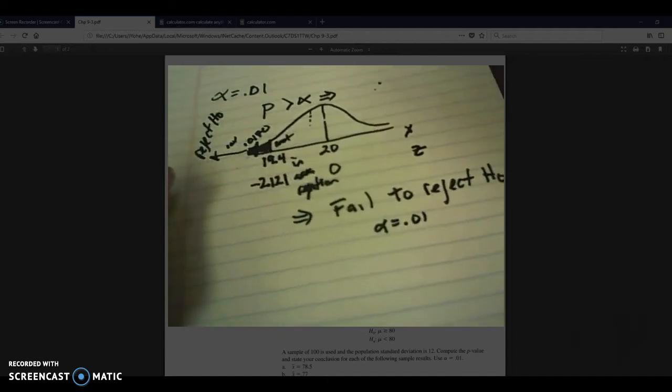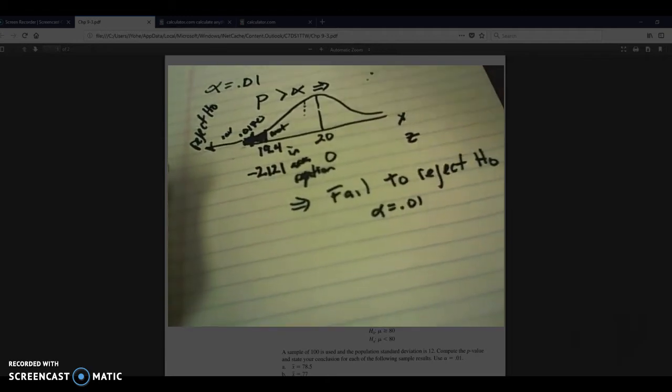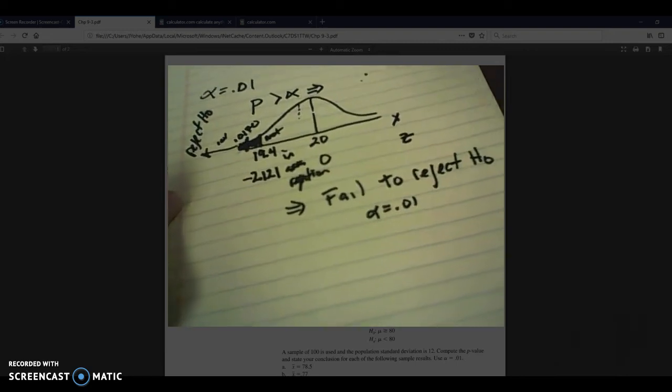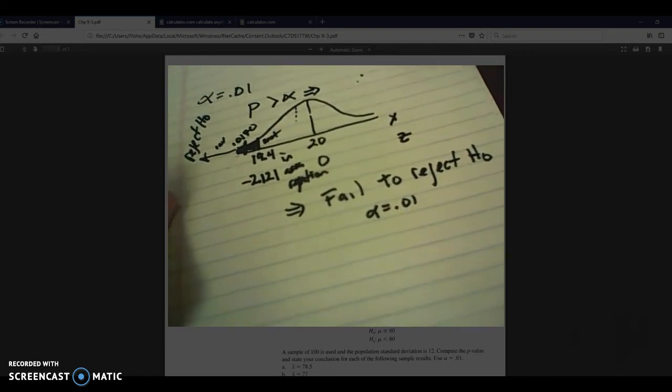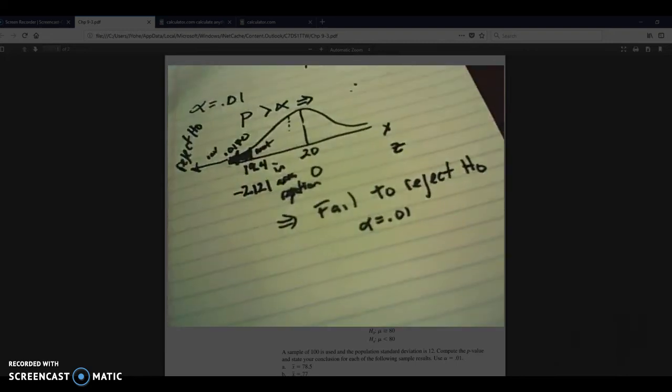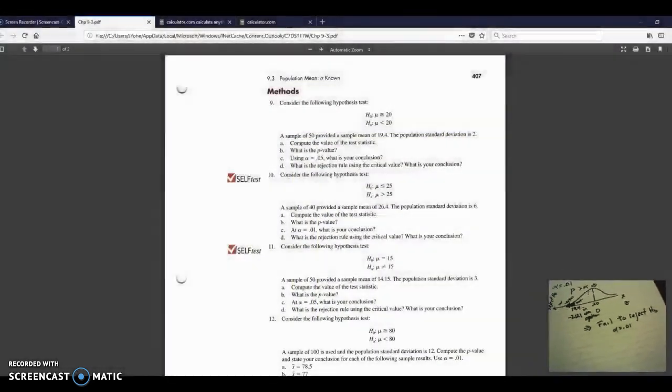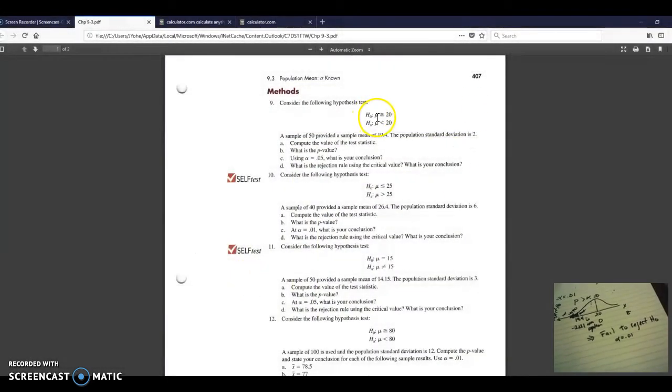So all we're saying here is that we do not have enough evidence with an alpha of 0.01 to reject the null hypothesis that, going back, mu is greater than or equal to 20.